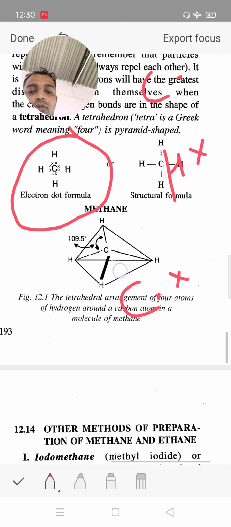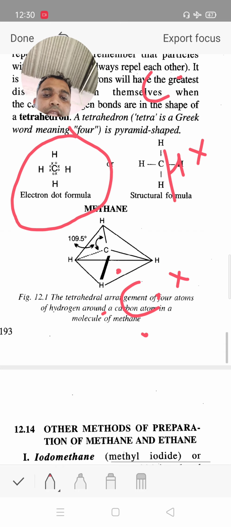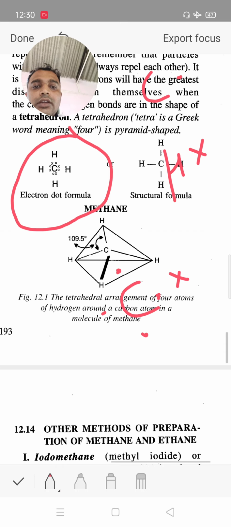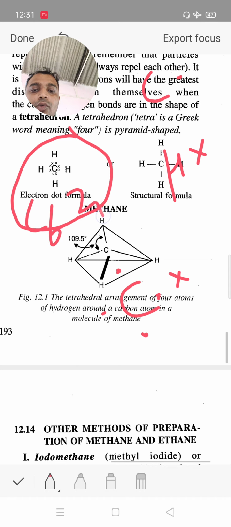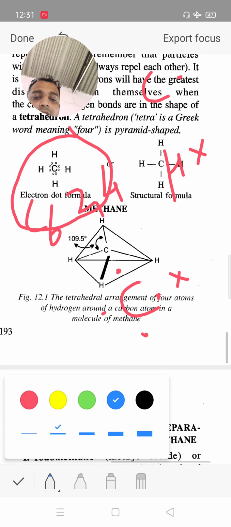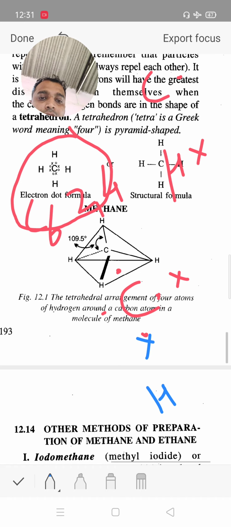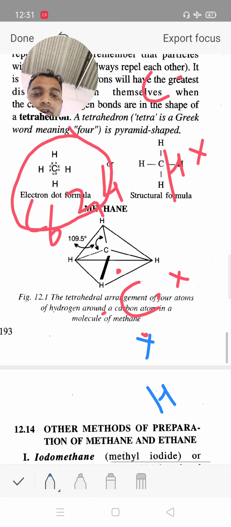Therefore 1 dot, 2 dot, 3 dot and 4 dot. Carbon has atomic number 6 and electronic configuration 2, 4. 4 is the valence electron of carbon, which it shares with 4 hydrogen, each giving 1 electron.